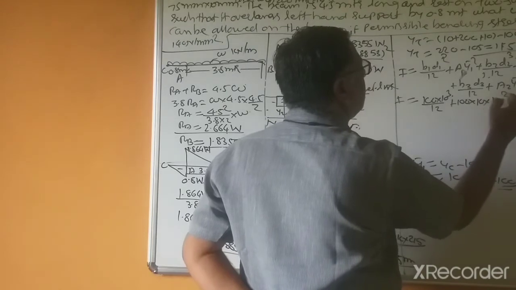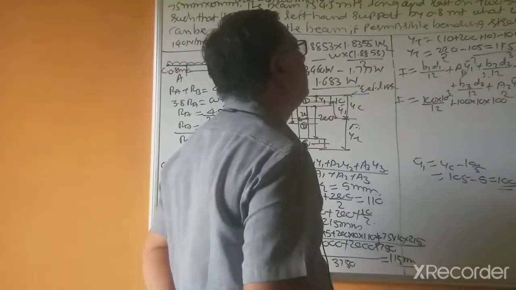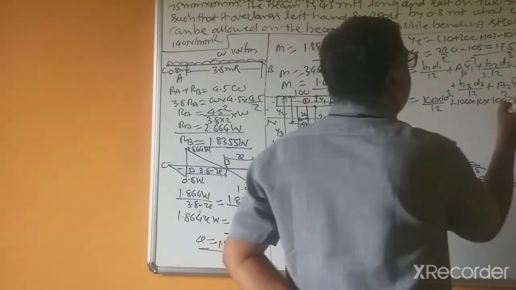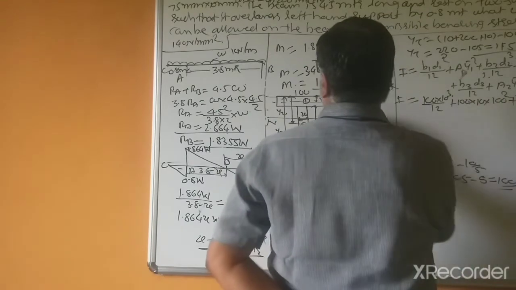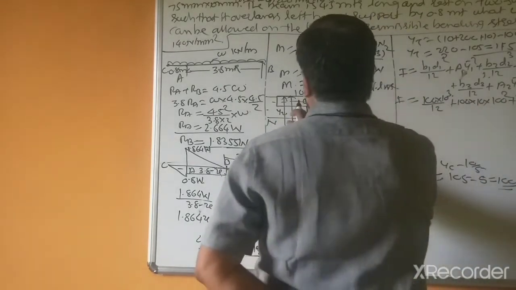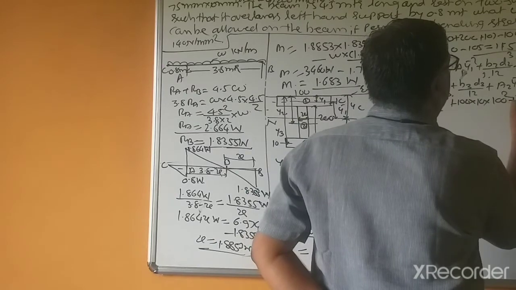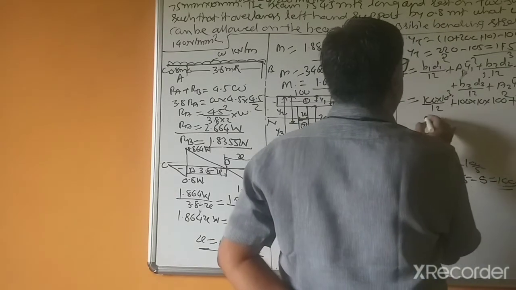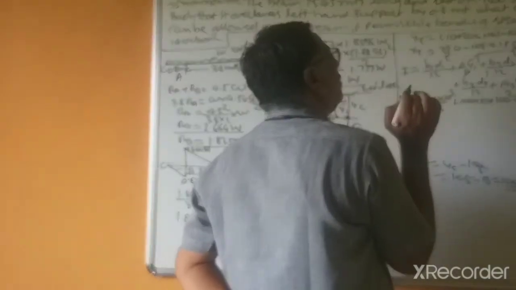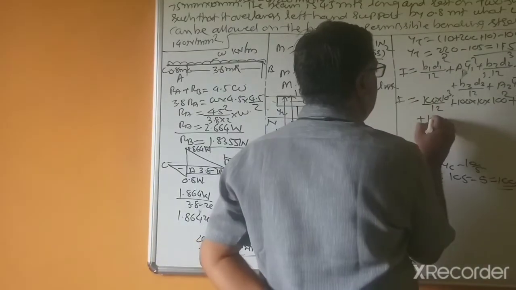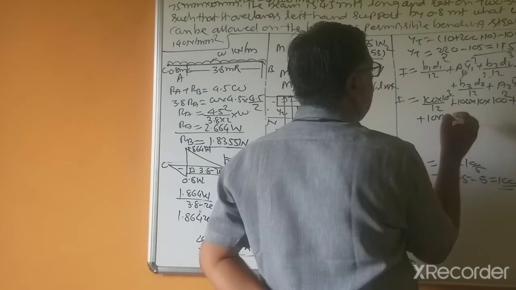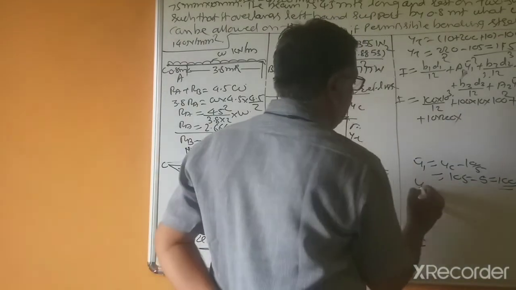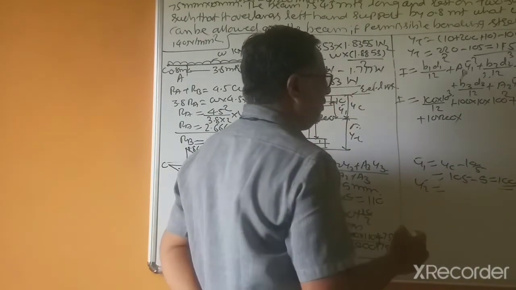So that's why directly I write third. For the second one, width 10 mm, depth 200, cube divided by 12, plus area 10 into 200 into y2 bar squared.